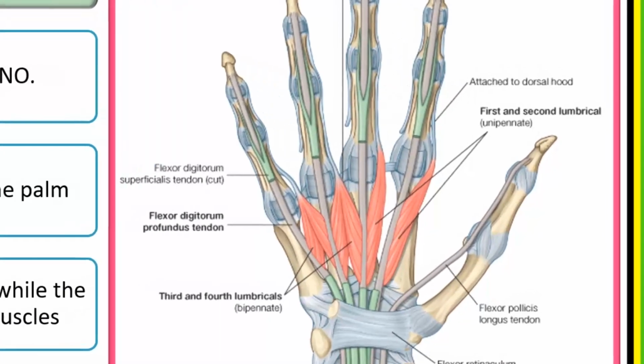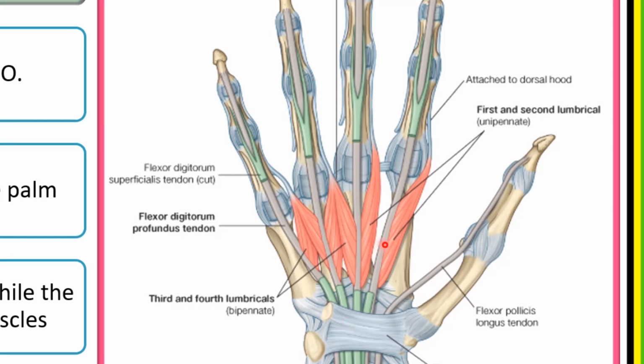Here are the lumbricals. These muscles here are the lumbricals, and these are the long flexor tendons of the flexor digitorum profundus. So these muscles pick origin from these tendons and move distally to insert at various points of the phalanges.